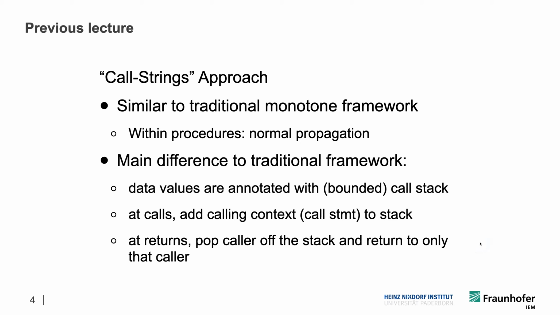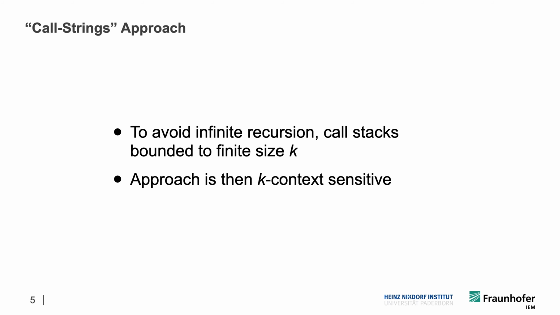And in particular, and that's really the most important point, we return this data flow fact only to the rightful caller, right? That's exactly what this stack is all about. Then also we talked about bounding or k-limiting because we need to avoid infinite recursion and infinite growth through recursion.